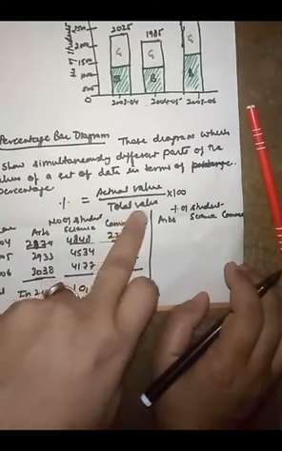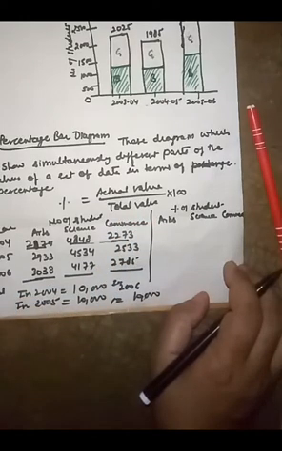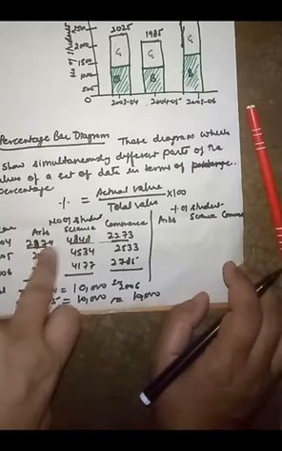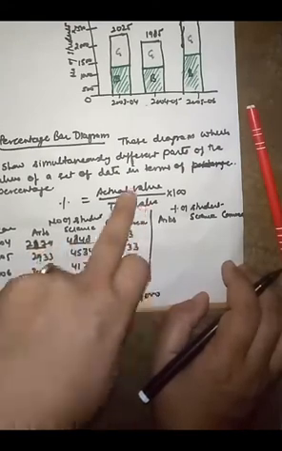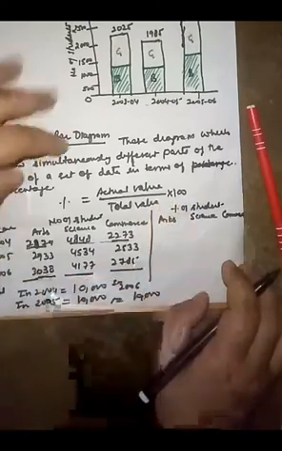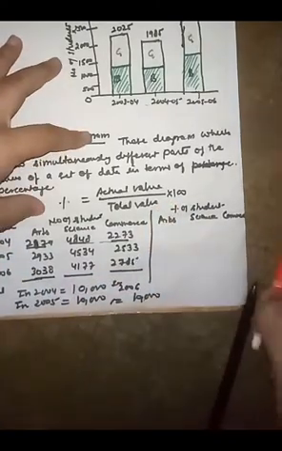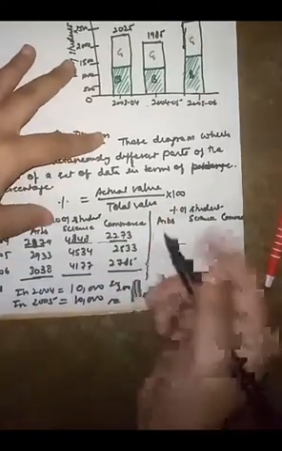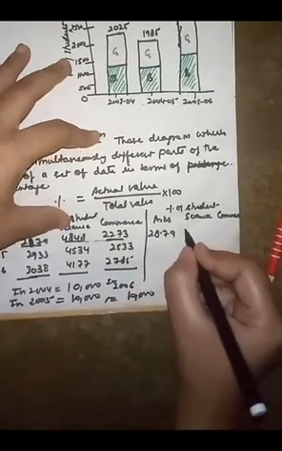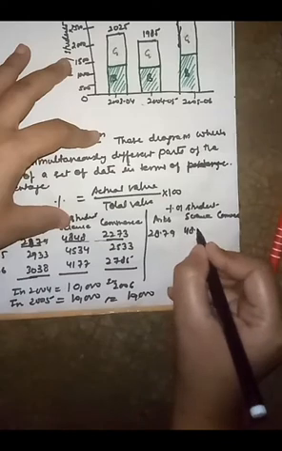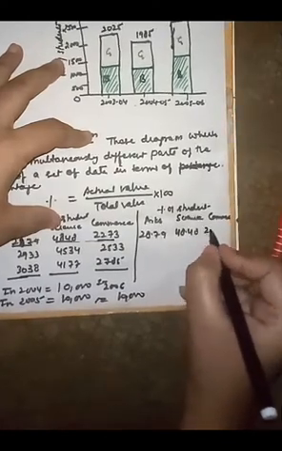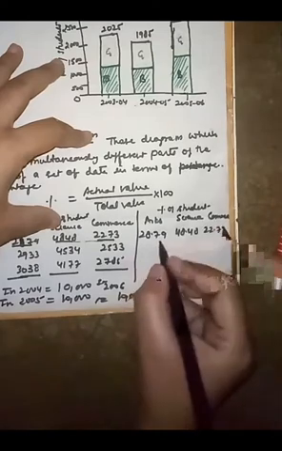So here you can take the 10,000, and the actual value is 2879. The actual value divided by its total value 10,000, into 100. If you solve, then you can find the value 28.79. Similarly, you can find 48.48, 22.73.